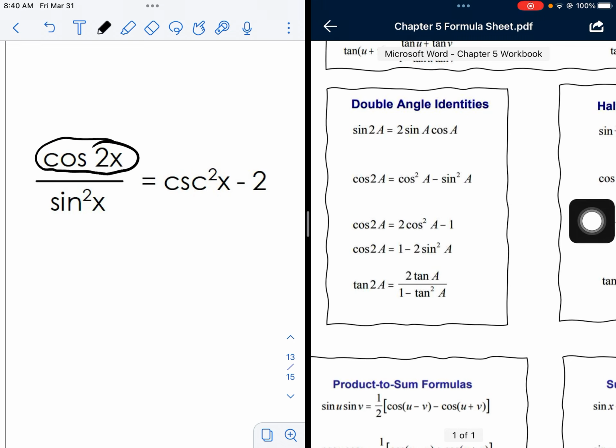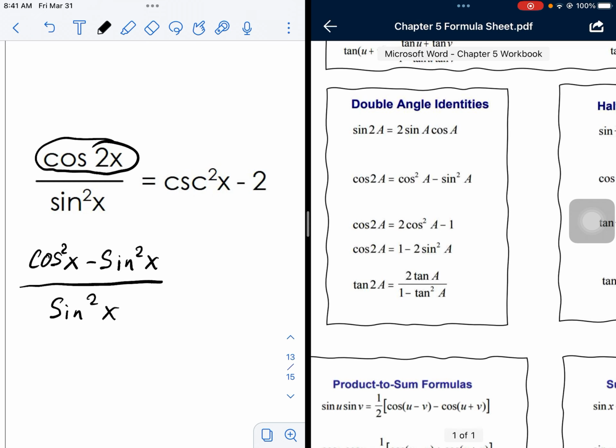This cosine squared, and I'm just going to use x, minus sine squared x, and then I'm going to keep the denominator the same.